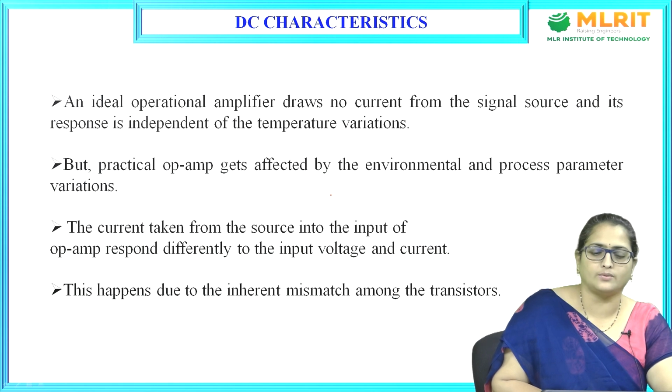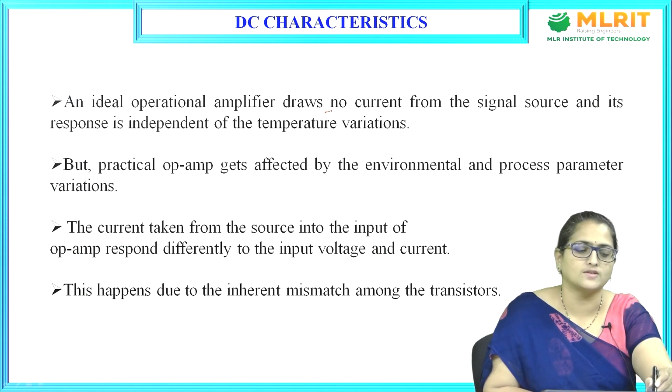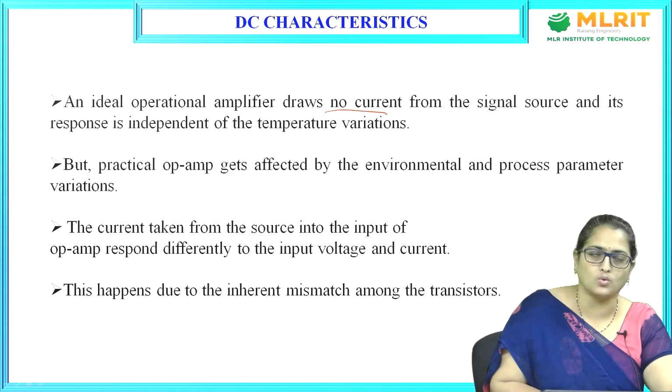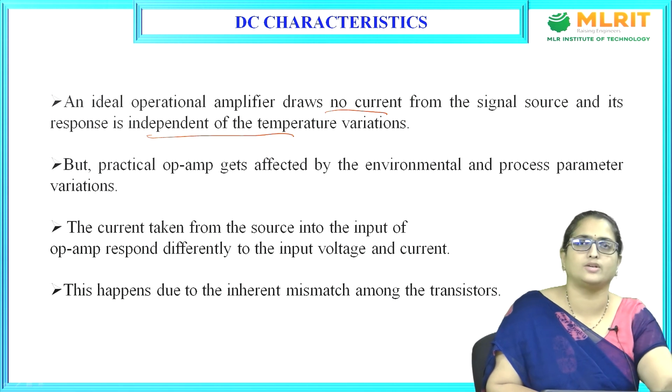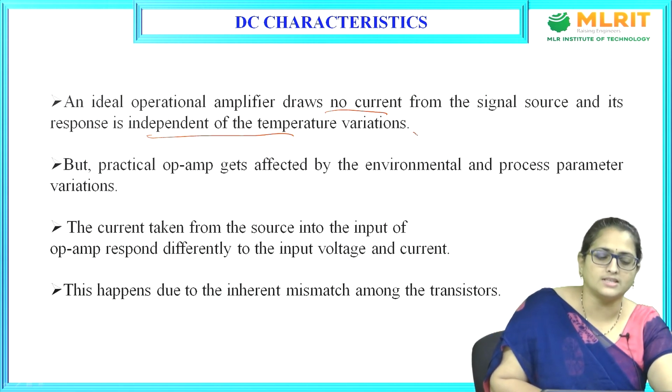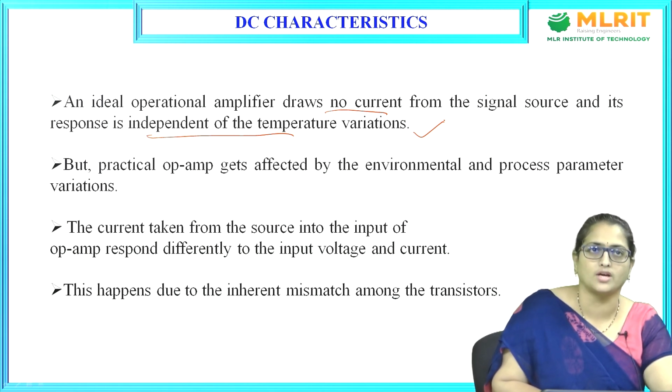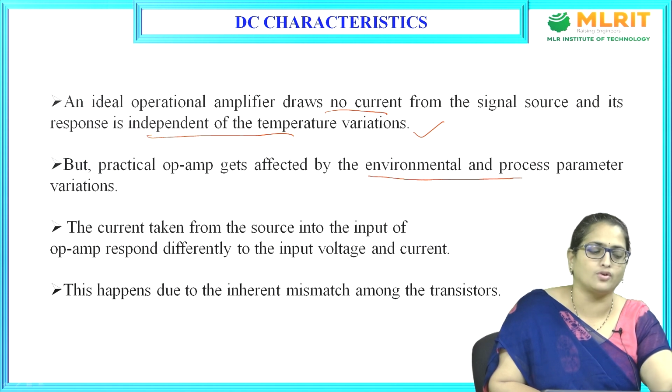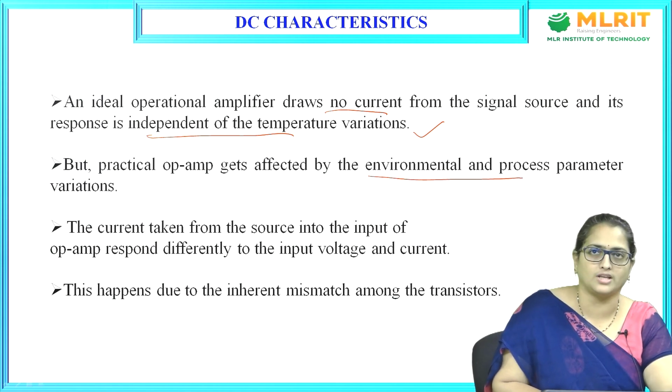The first content which we want to discuss is why we are going with the DC characteristics. An ideal operational amplifier draws no current from the signal source and it is independent of temperature variation. But a practical op-amp is affected by the environment and process variation.